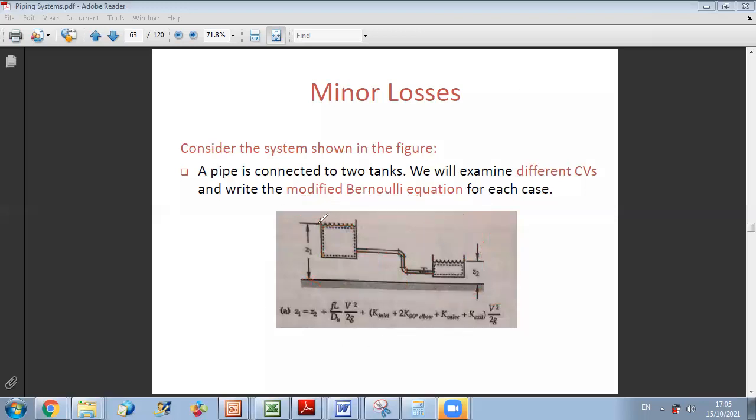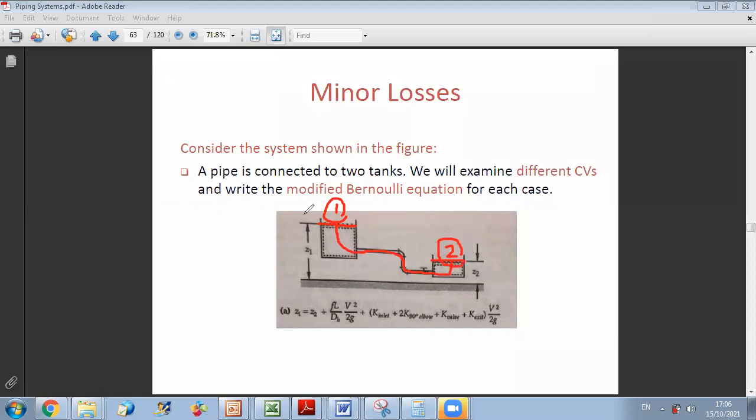If you apply Bernoulli equation from this level to this one, you should apply it along a streamline. So we consider this streamline from point 1 to point 2. This is 1, this is 2. And then we write our equation.